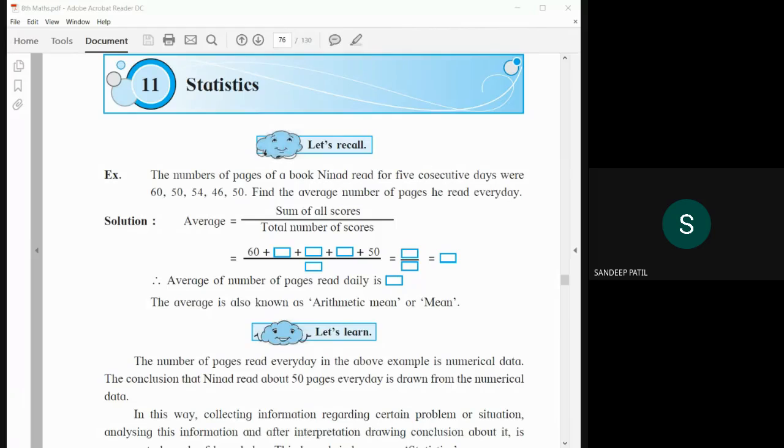I'm scribbling on the book with the red pen, some random stuff. Can you see it on the screen? No, right? Okay, I think I have to change the stuff.